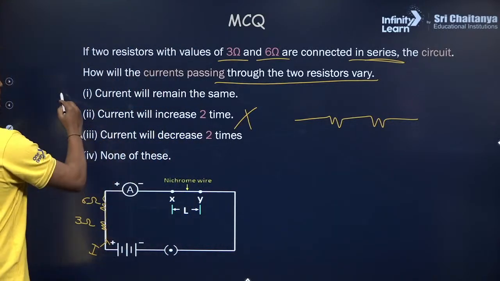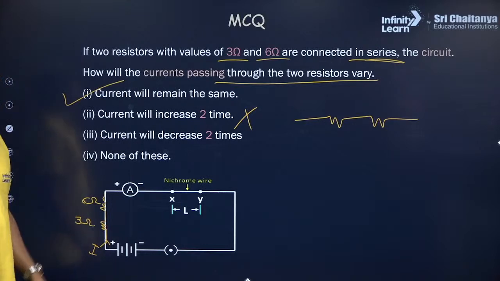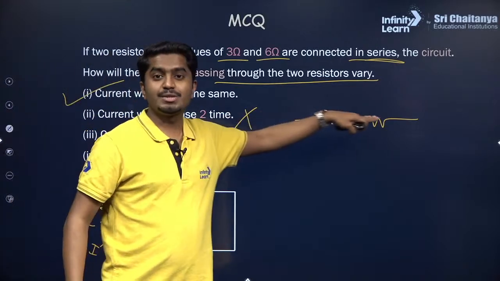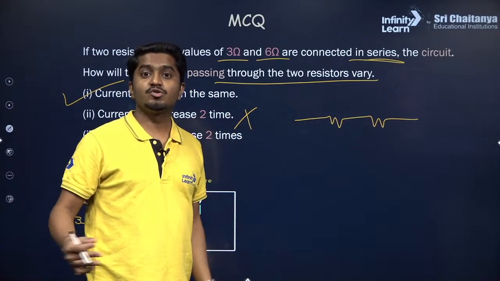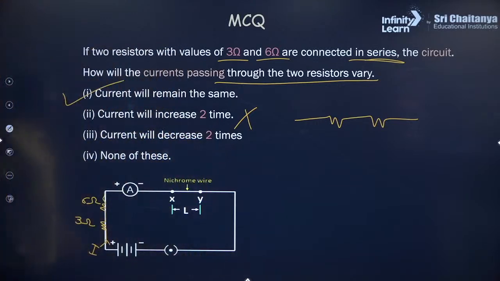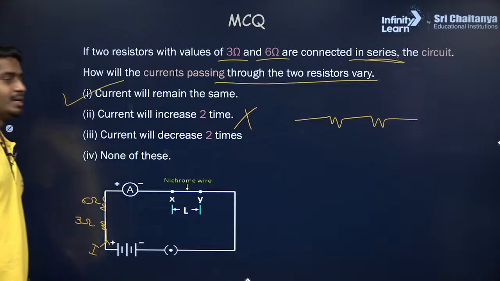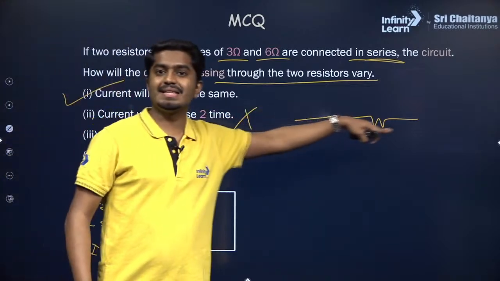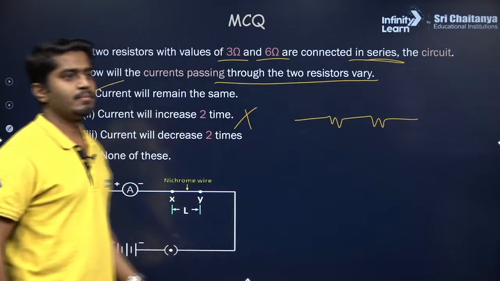It is going to be same current, right? Current passing through these 2 resistors is going to be same. They are not in parallel, they are in series, so current should be same.